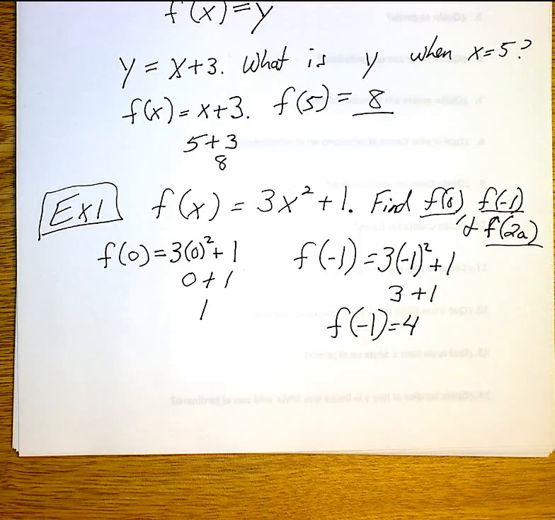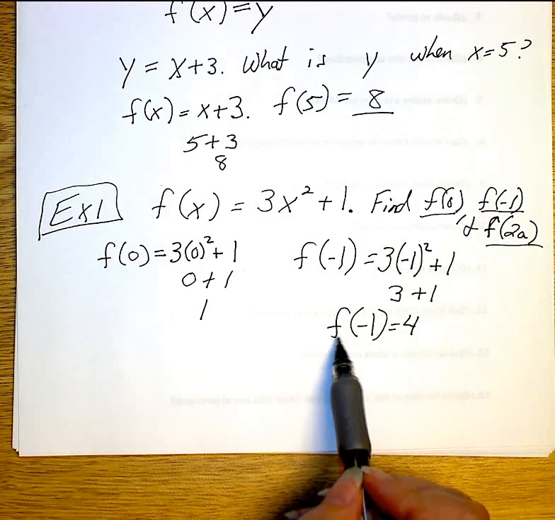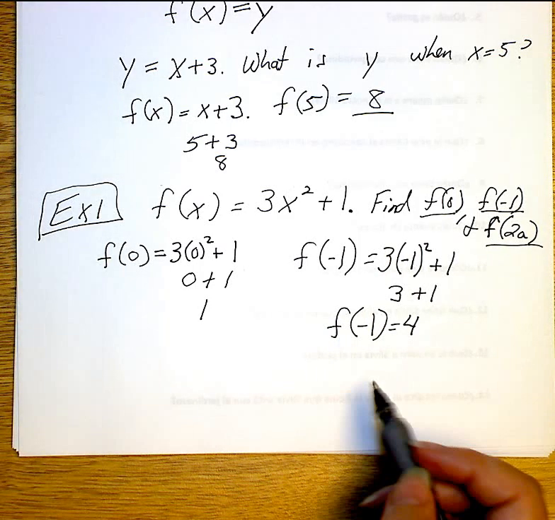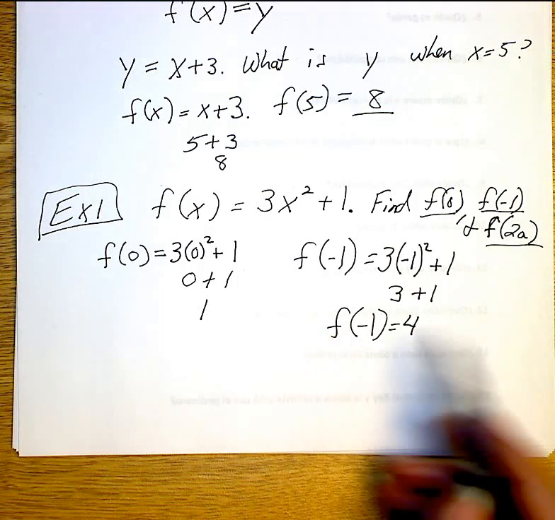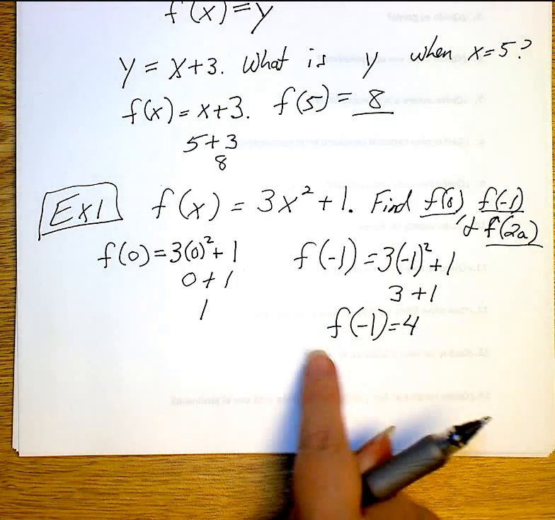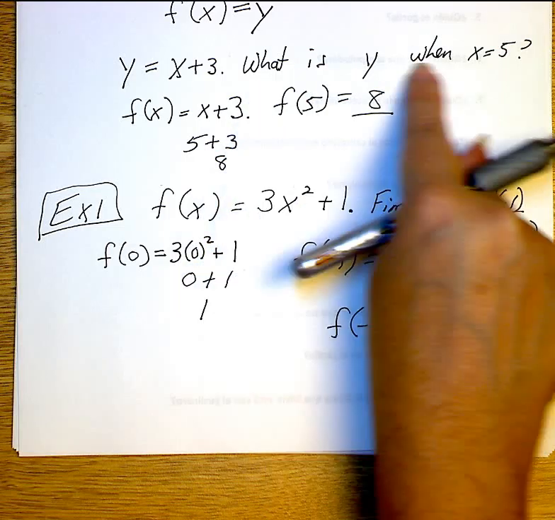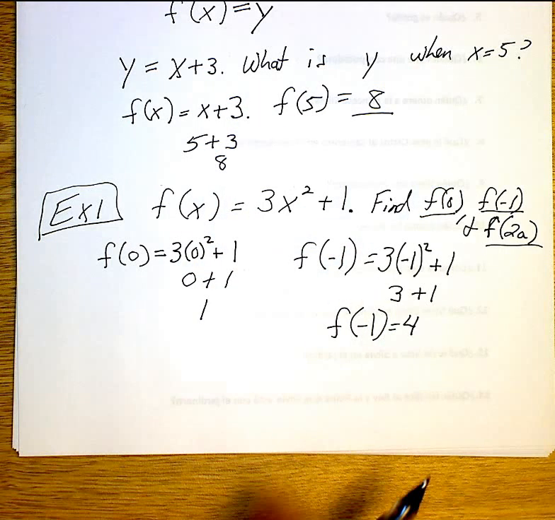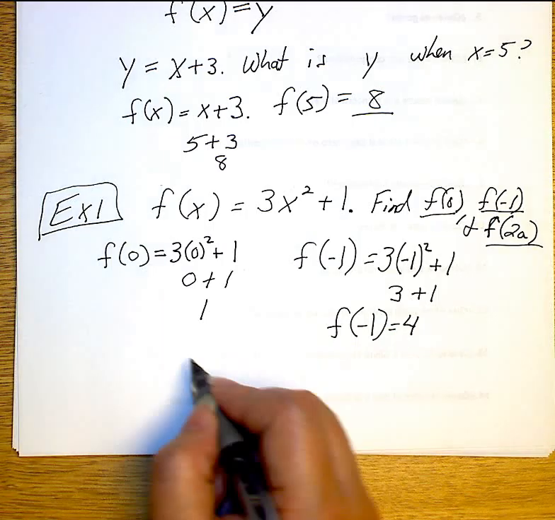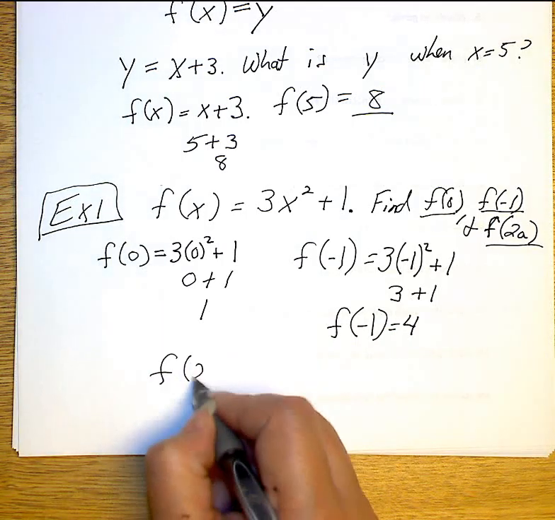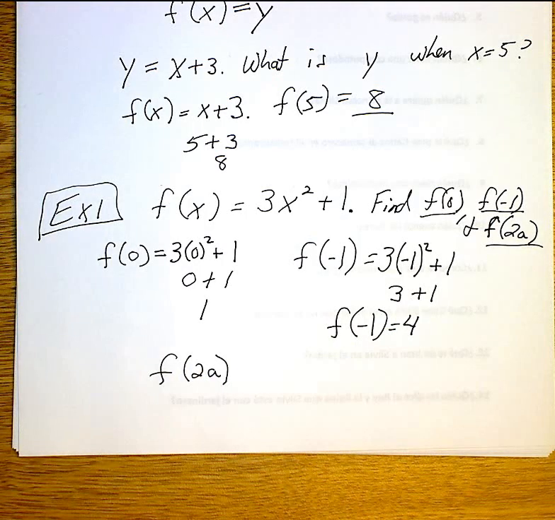Why do we have to do the f of x? Because it's a notation. So later on in math, or when you're taking the MEP and they say what is f of negative 1, you'll know what it represents. This right there represents the whole line. So that's why we need to know what that represents. It's actually simplifying.